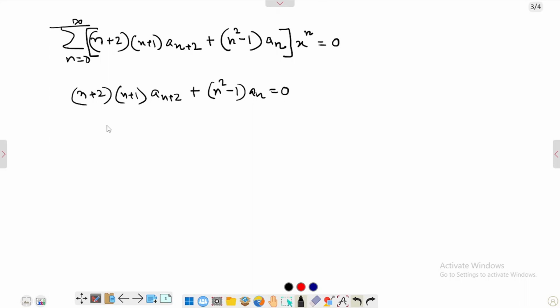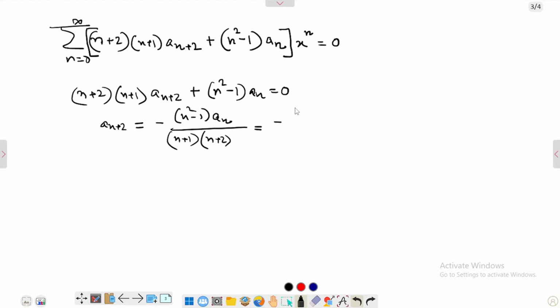So from here I can find the value of a_{n+2}. What is the value of a_{n+2}? It's minus (n² − 1) a_n divided by (n+1)(n+2).